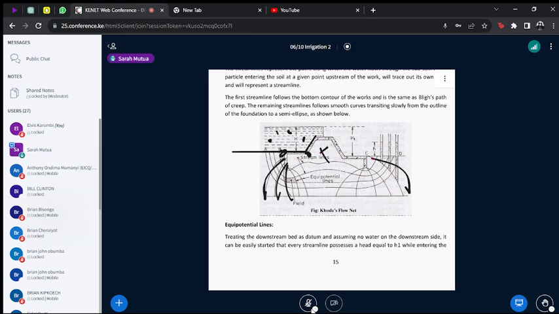So that is how it varies, until you get to the downstream, when the water now emerges in the downstream part, the hydraulic head is equal to atmospheric pressure, and we usually take it as 0. So in the upstream, the hydraulic head is maximum, it's equal to the depth of water or the elevation of the water. In the downstream, it is minimum, you can say it is equal to 0.